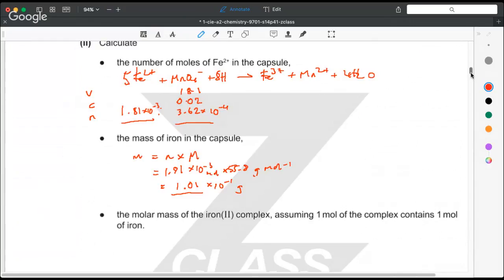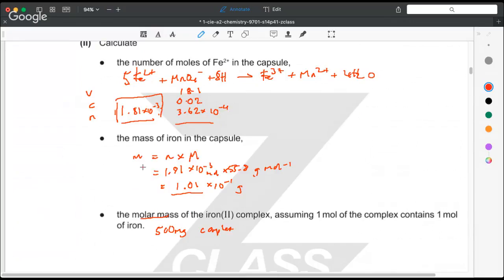All right, and then this next one down here. Again, we've worked out the number of moles up here, and it told us to begin with that we actually had 500 milligrams of the complex. And so we've got to work out the molar mass of the complex.